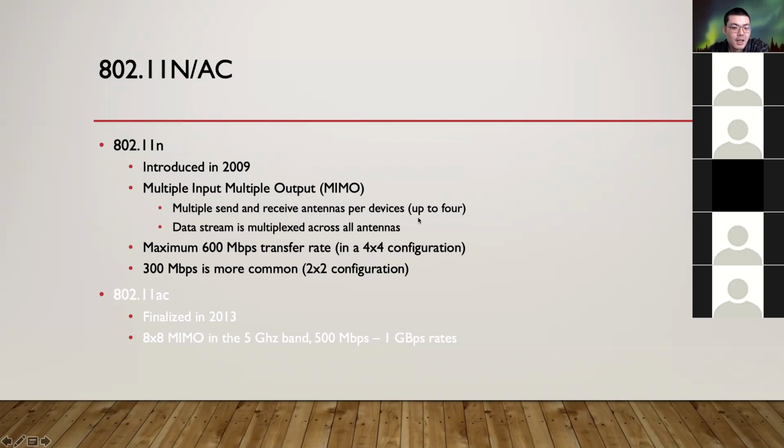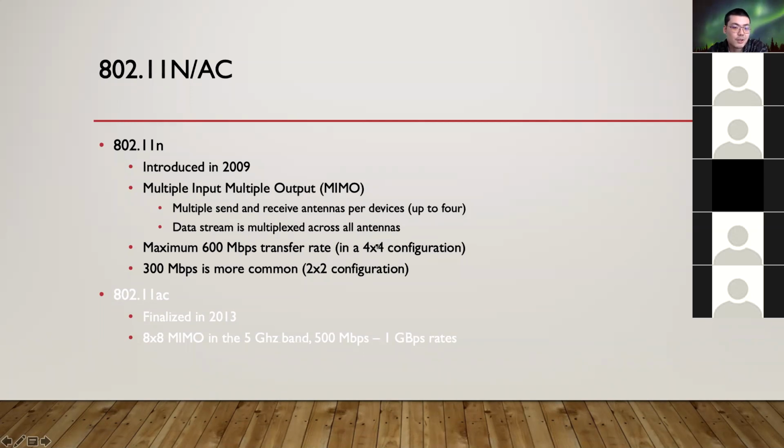So you can have up to 4 senders and up to 4 receivers in this protocol. And the data stream is multiplexed across all antennas. Basically, this allows all antennas to be functioning and support high rate. You can see that the maximum now can reach 600 Mbps, not too far away from the Ethernet 1 Gbps. This is pretty impressive, actually.